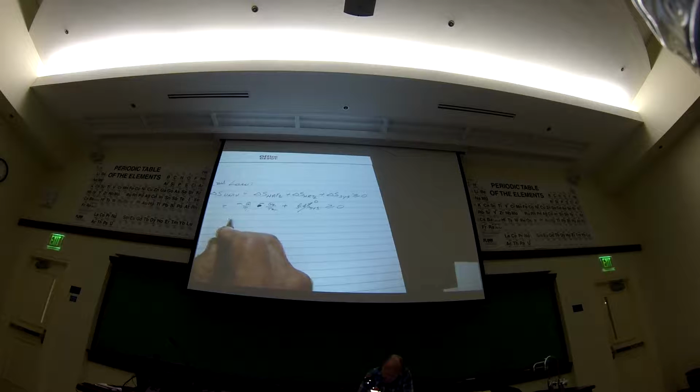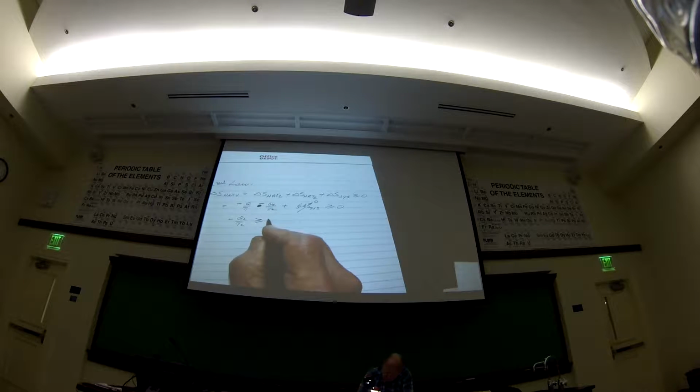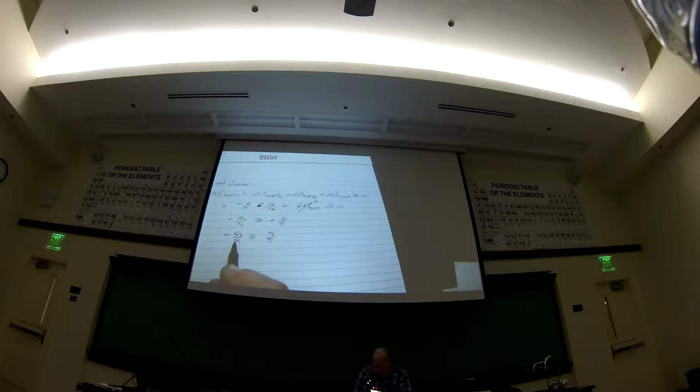So, minus Q2 over T2 is greater than or equal to plus Q1 over T1. And I can write minus Q2 over Q1 is greater than or equal to plus T2 over T1. These are positive quantities. Q2 is negative, but minus Q2 is positive.